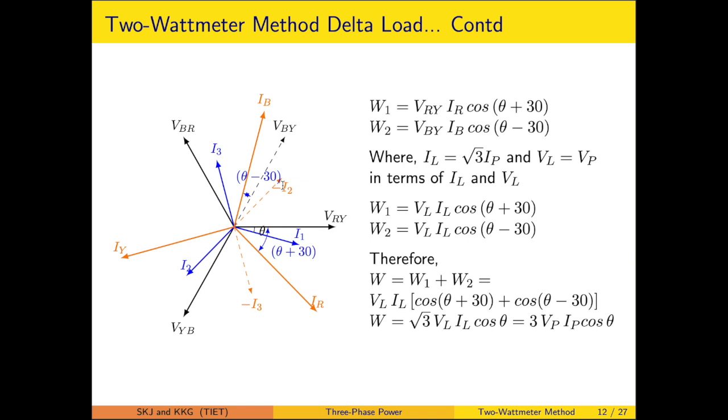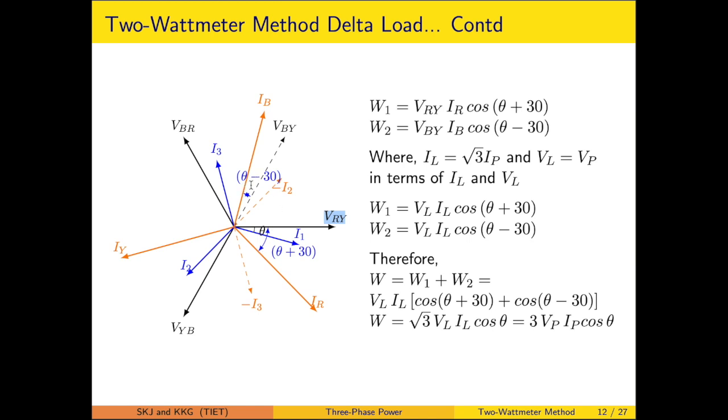Between this, there is another point which we have to highlight, that we are measuring a voltage with respect to Y, so we have to also draw a phasor VBY, which is negative or opposite of VYB. As suggested, the angle between VRY and the IR is theta plus 30 degree.